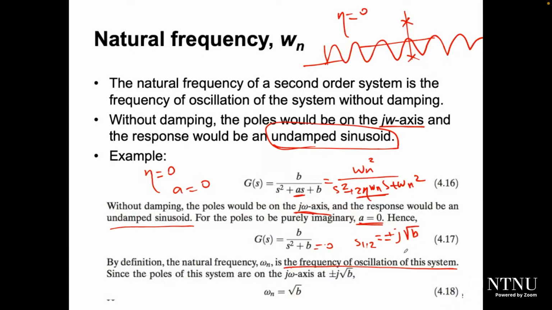Which is equal to plus minus j square root of 1 minus zeta squared multiplied by omega n. So if you want to get the natural frequency, when you don't have a real part, that part will be omega n, right?